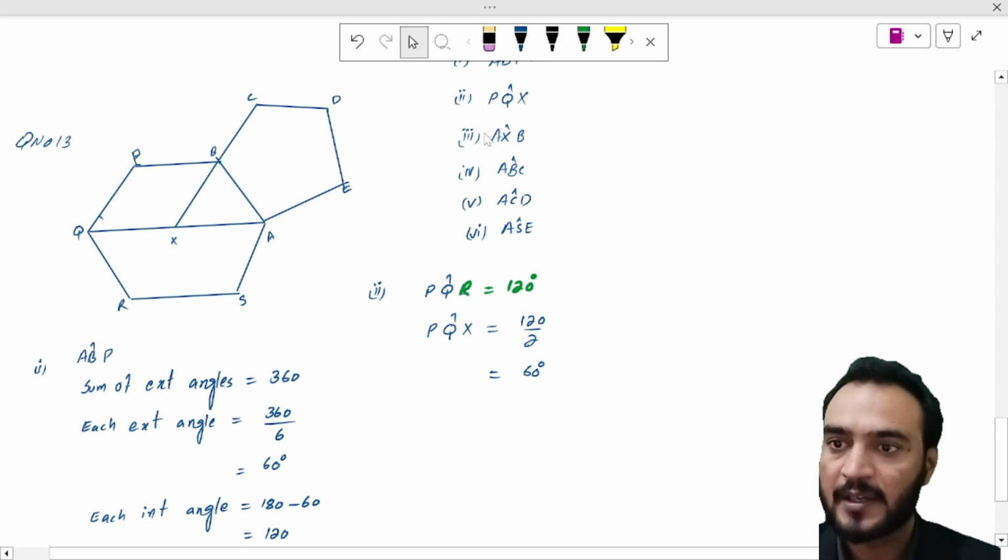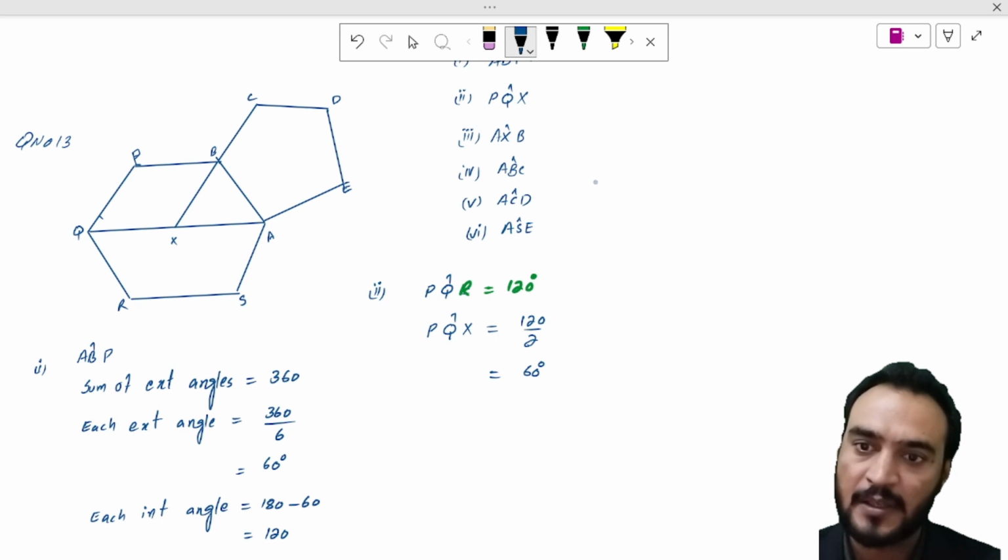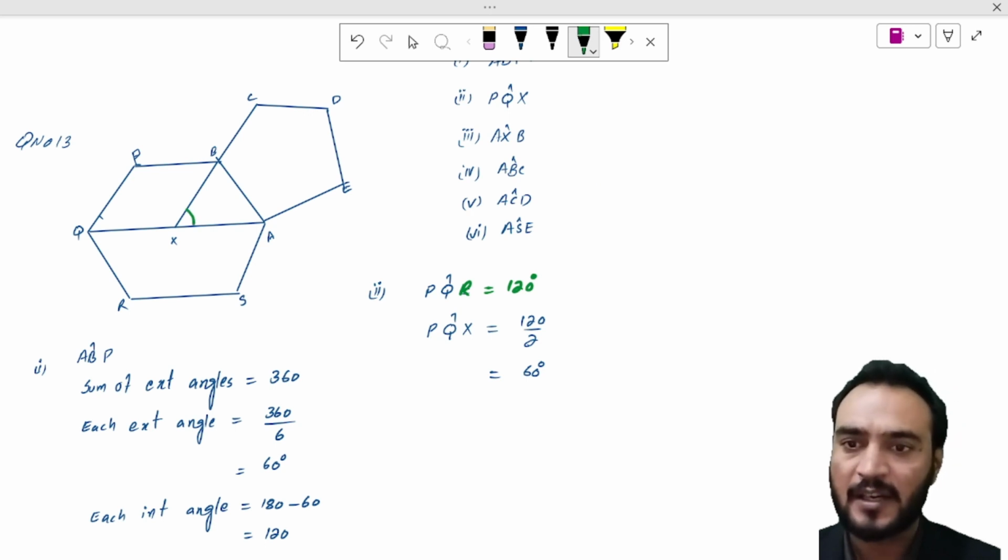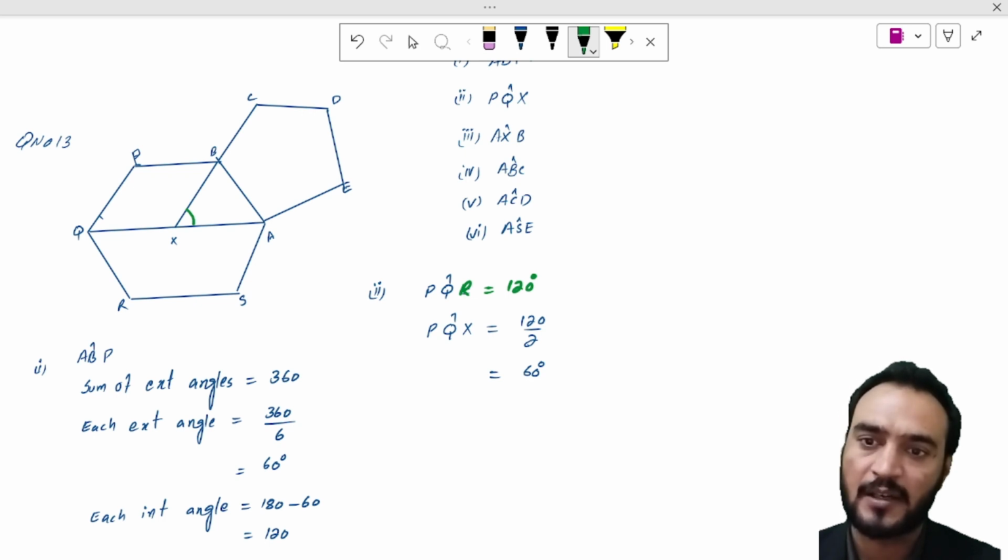Now the third part is AXB. This is the angle which is required, AXB. We can consider ABX as an equilateral triangle, and each interior angle in an equilateral triangle is 60 degrees, but we solve it in another way. As X is the center of this hexagon, and around X we have 6 angles, the angles around X sum to 360 degrees.